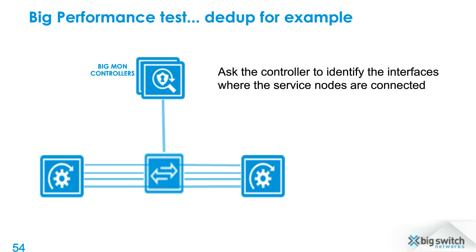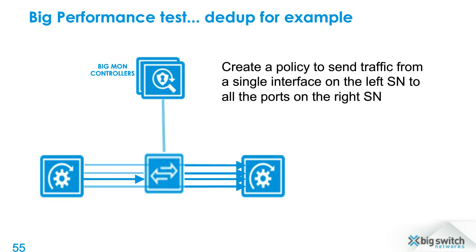Once it figures that out, it creates a policy where it tells the switching fabric that it wants to take the traffic from that interface on that service node and duplicate it 4 times to this service node. And the reason this is interesting is because now I know that the traffic being sent to the service node on the right is exactly the same for all 4 interfaces.